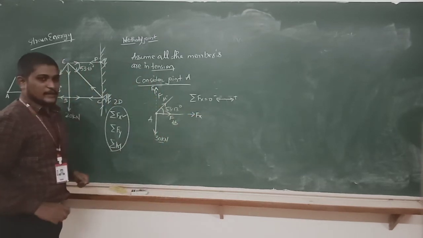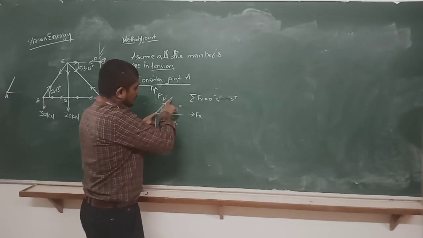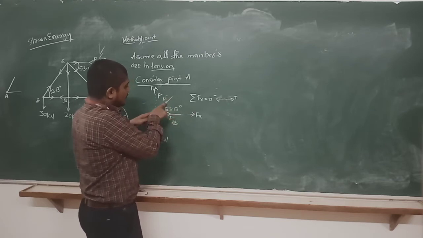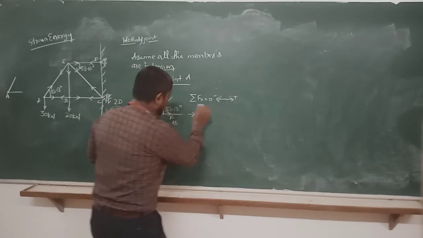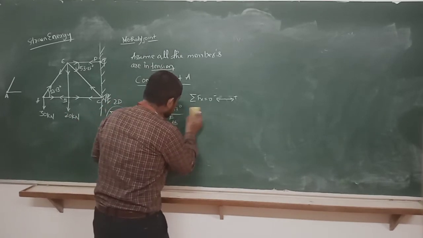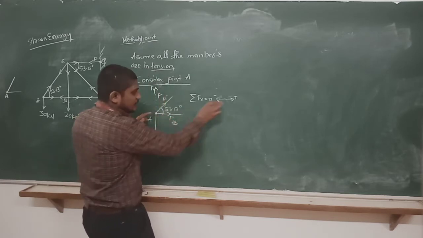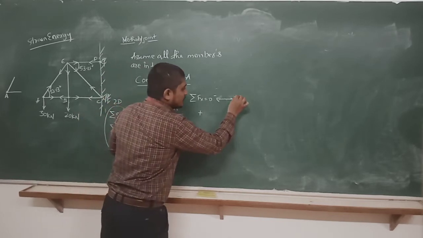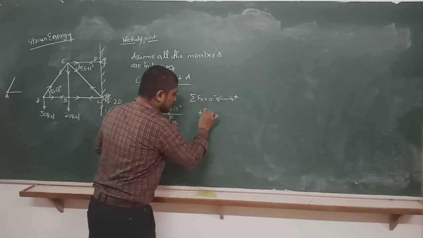So whenever you take Fx, you take the resolved horizontal force, and whenever you consider Fy, you take the resolved vertical force. Now see, FAB is in the right-hand side direction. First take the sign. You go step by step. You see the direction, you put the sign convention, then you take the measurement. FAB.